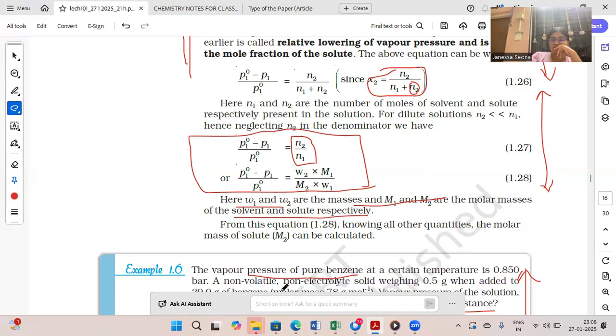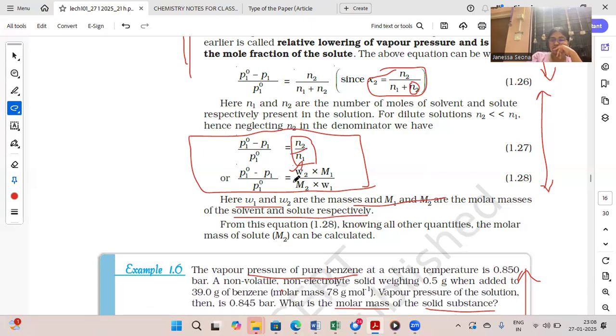Number of moles of solute is weight by molecular weight, W2 by M2. What is N1? N1 again, weight divided by molecular weight, so W1 by M1.